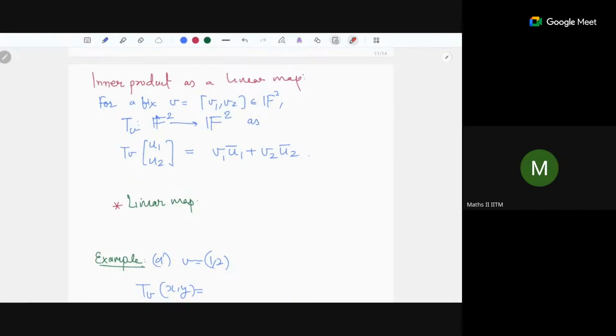You take a vector V1, V2, U1, U2, and map it to the, no, this is, yeah, this is not a linear map from F2 to F2. Just give me a second.